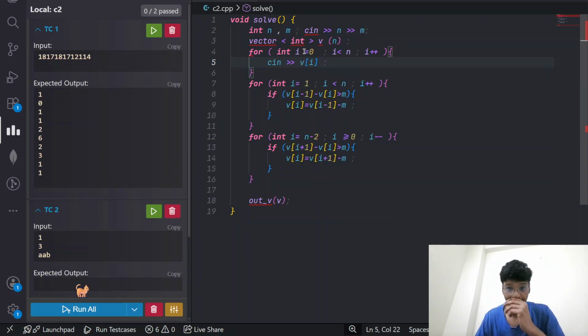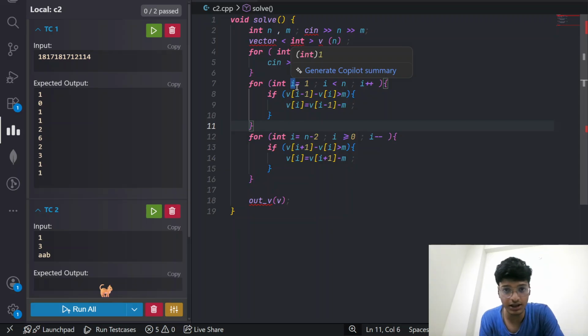Then we iterate, first of all, from i equal to 1 to i equal to n, and check if the difference of both of them is greater than m. Then we change the ith index equal to v of i minus 1 minus m. That is the value that we can have in the range, like 12 and 9 and m equal to 3, then it can be 9. It cannot be lesser than that.